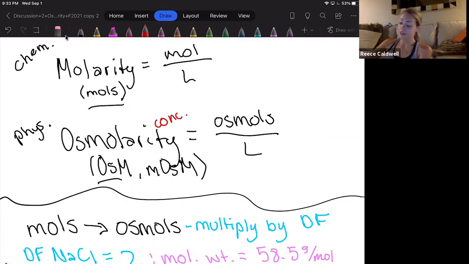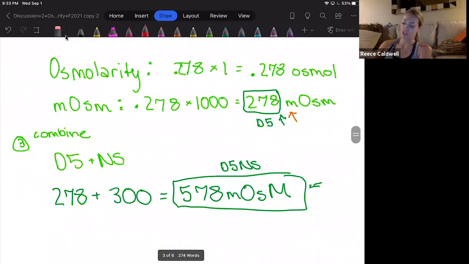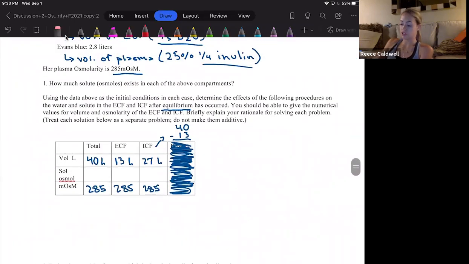Osmoles is telling us our solute concentration, and liters is telling us the volume. So this technically equals C equals S over V: concentration, osmolarity, equals solute, osmoles, over volume, liters. With that equation, we can manipulate it and solve for our solute.